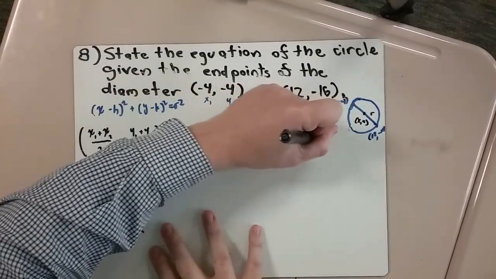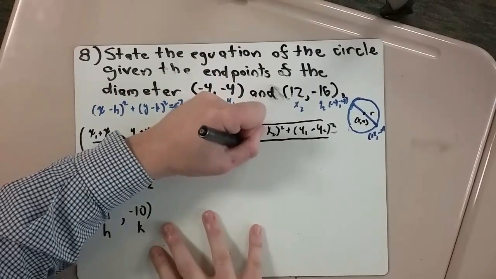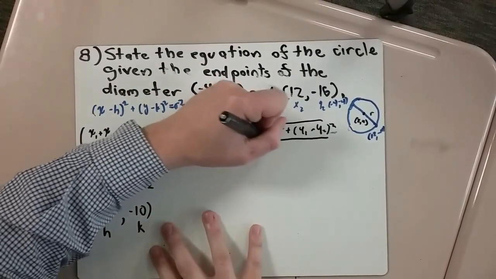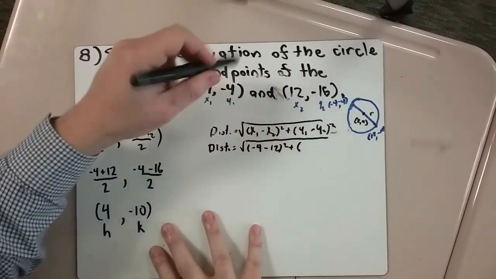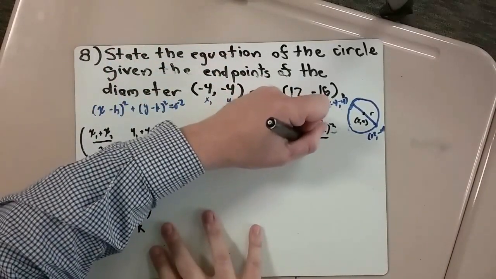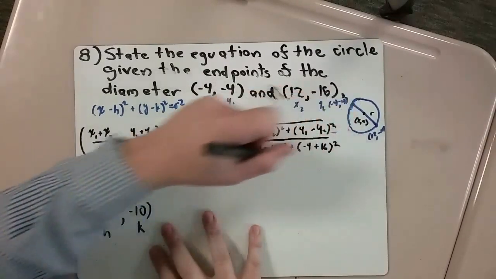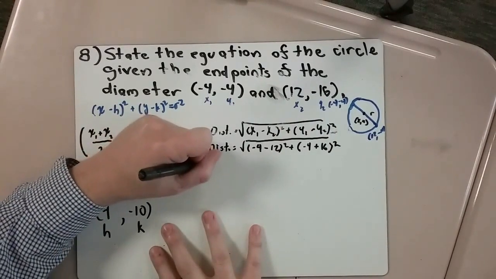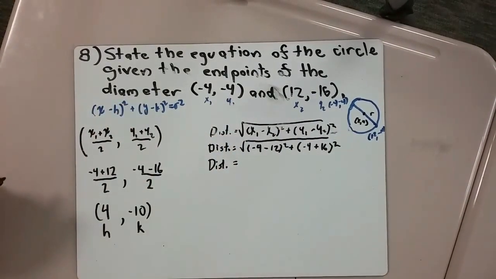Specifically, the distance formula is a very confusing formula to remember. This is (-4 minus 12) squared plus (-4 plus 16) squared. And this distance again, let's see what I get.